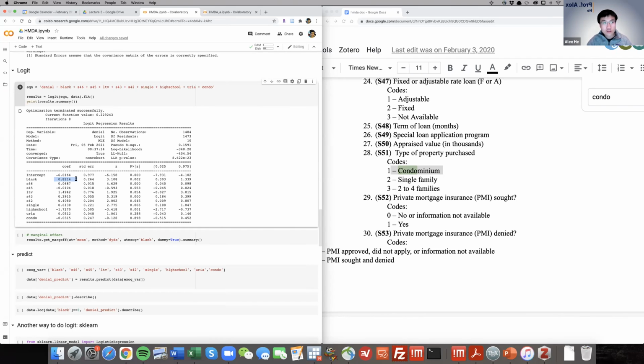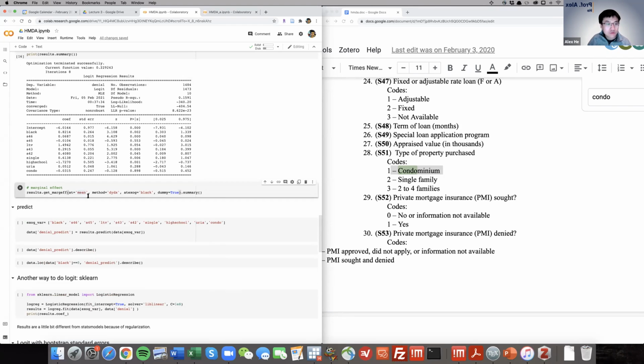But if you interpret it using the odds ratio, you would say being black increases the log of odds, increases the odds ratio by how much? 80%. So that's 100 times beta. That's one interpretation. So it's still a positive effect.